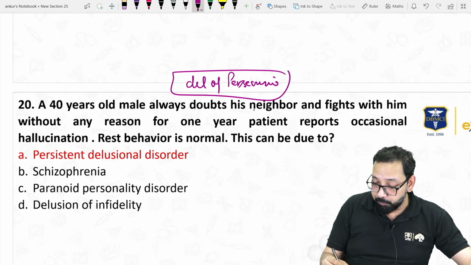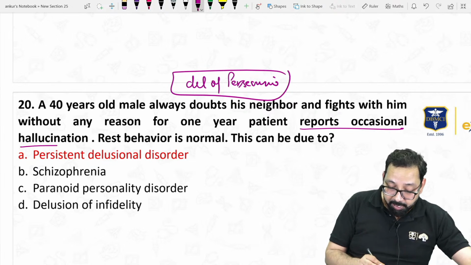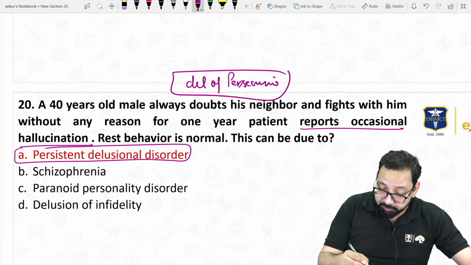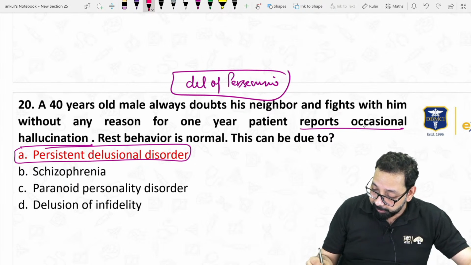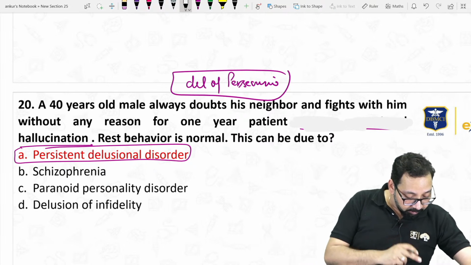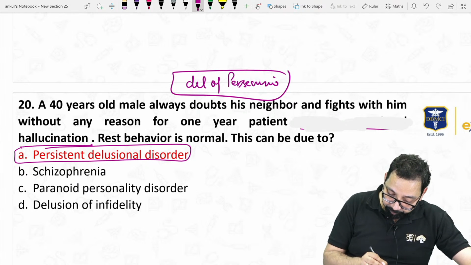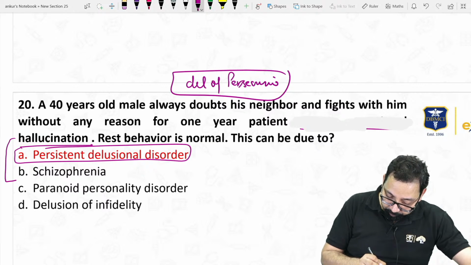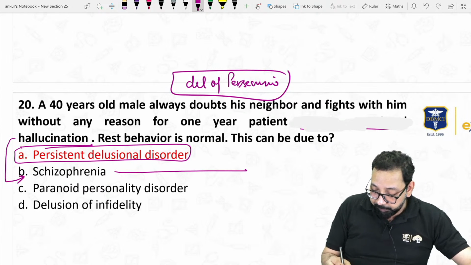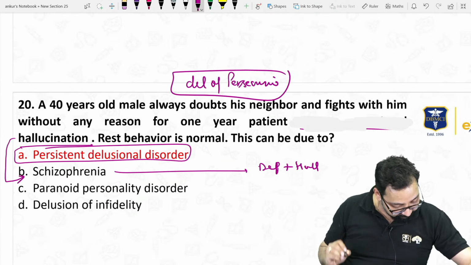Other than delusion of persecution, this patient is having occasional hallucination. If in the same question I remove the word occasional, then the answer would become schizophrenia. Schizophrenia: delusion plus hallucination.